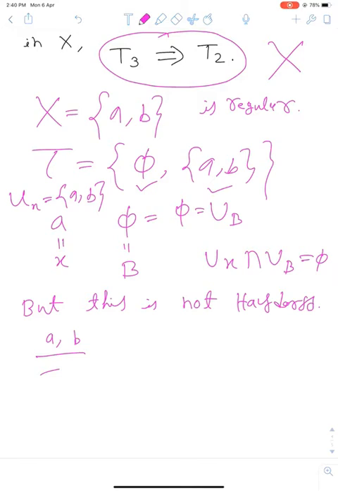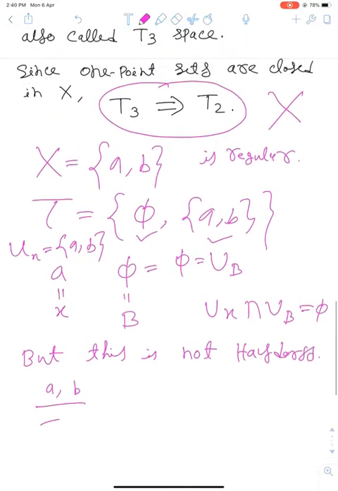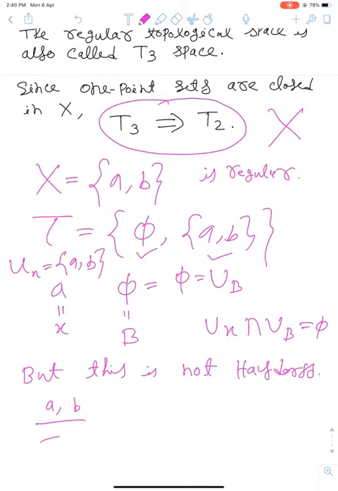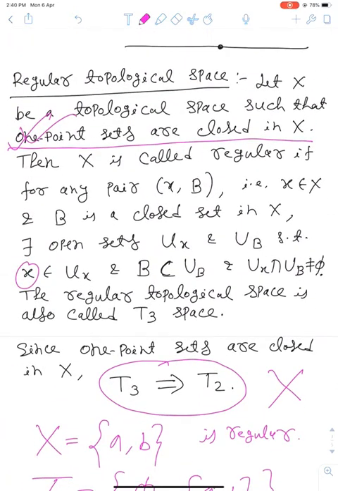So this is an example of a regular topological space which is not Hausdorff if we remove these conditions. Therefore, this condition, that is one point sets are closed in X, is very necessary.